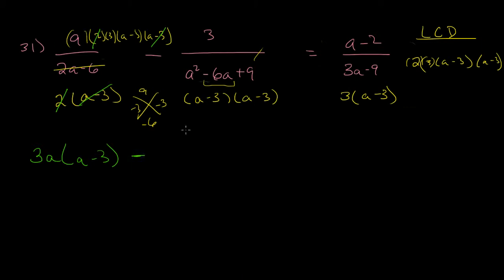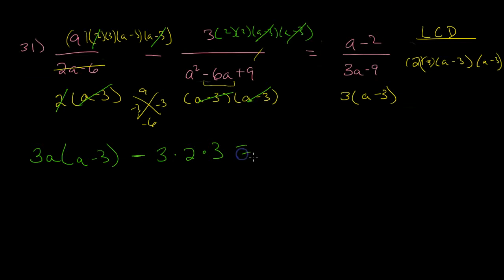Now the negative 3 has both a minus 3 factors, so let's rewrite the whole thing: 2 times 3 times a minus 3 times a minus 3. Now both of the a minus 3's cancel here, so that's nice. And what I'm left with is that negative 3 times 2 times 3.